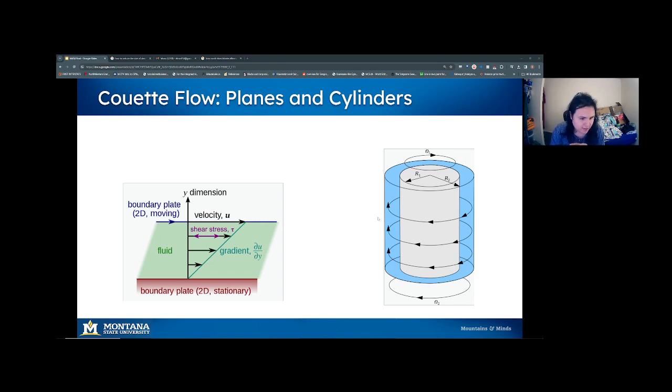Whereas the plane version of the Couette is only finite in one direction. In the other directions, it's infinite. So that cuts down a lot of the complexity of the fluid analysis in a lot of ways, because of the symmetry and the fact that it's bounded like this.